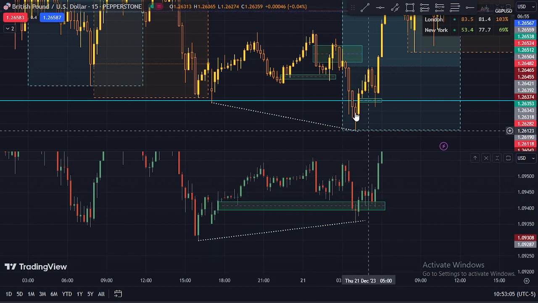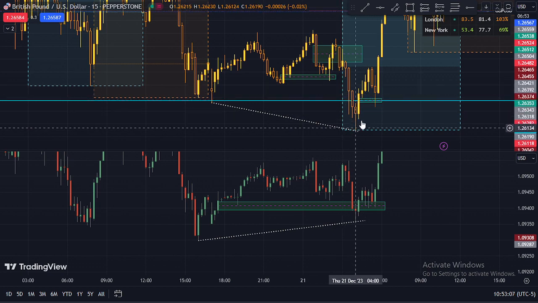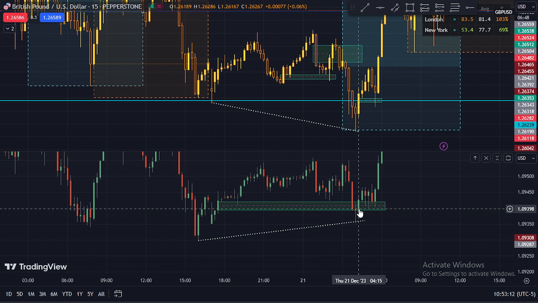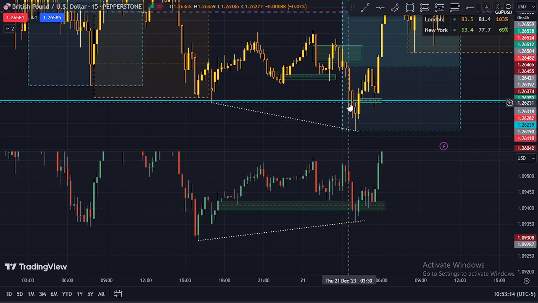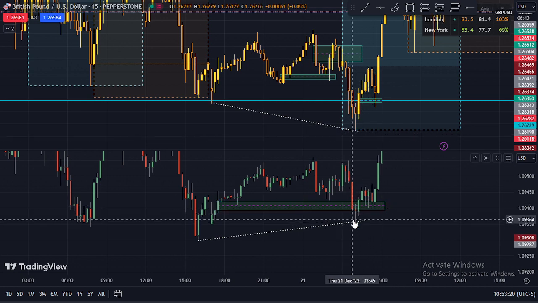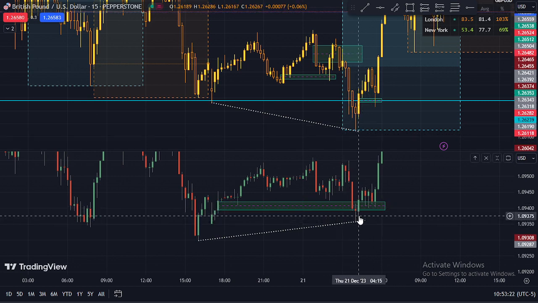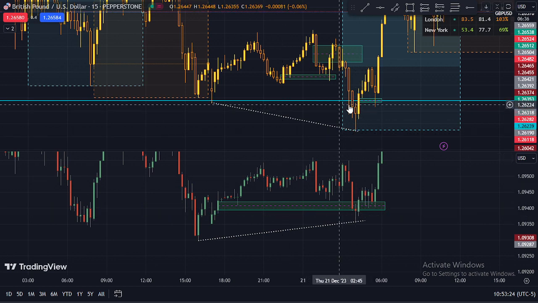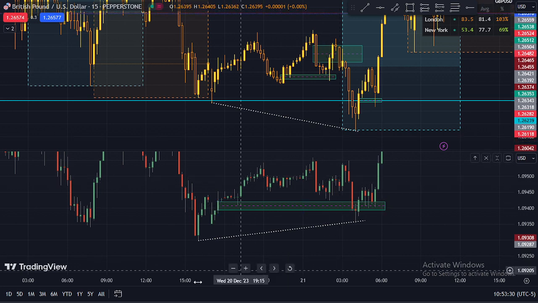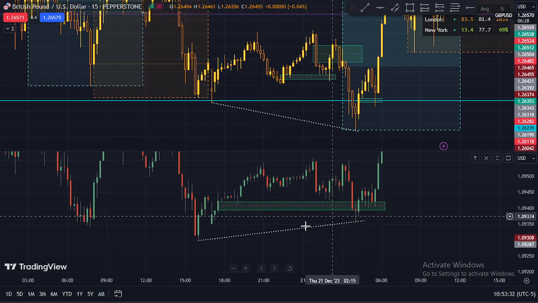Maybe when you saw this one making a lower low, and this one was quite reluctant to do the same as pound was doing. So that shows that euro is way too bullish for it to make a lower low, and that is a signal that there will be a reversal.